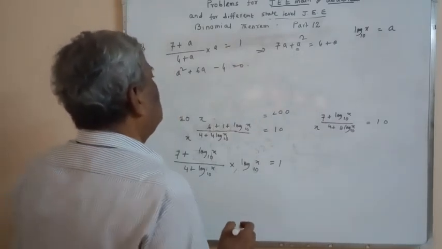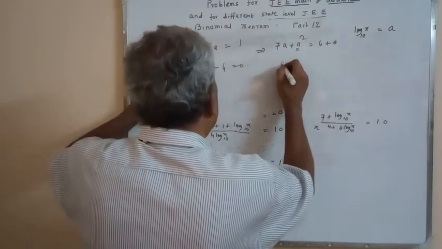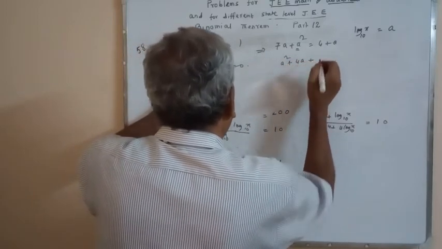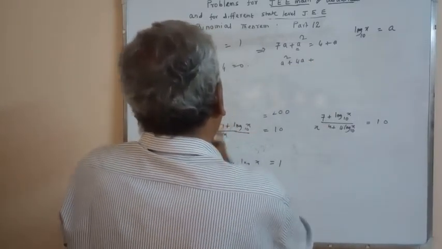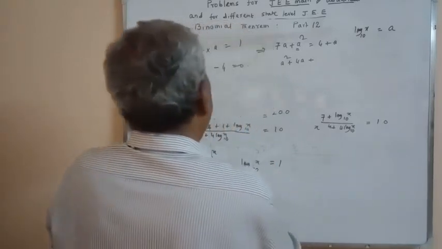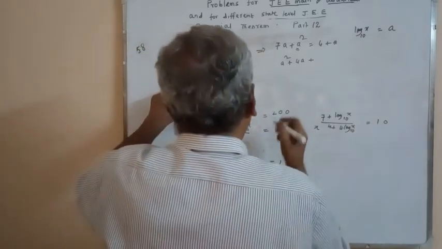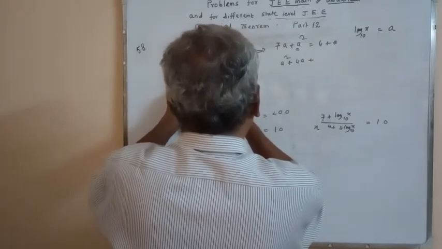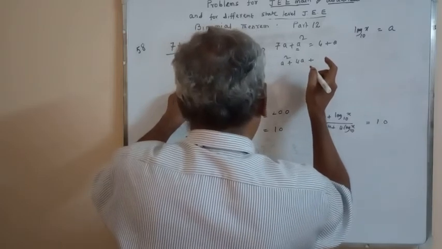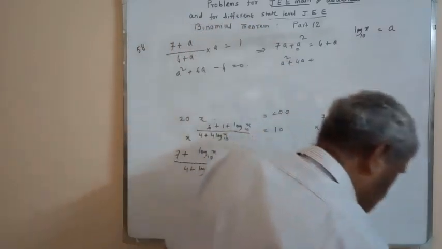So that, by factorizing it, it is a square plus... 4 minus 6... how to factorize it?